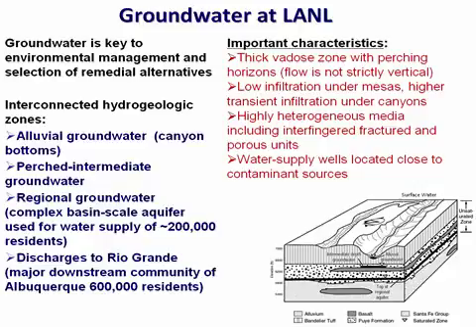There is perched intermediate groundwater, which is due to infiltration of this water in the subsurface. Typically, we also have perching horizons, which create complexities and not strictly 1D vertical flow through the vadose zone. And we have the regional aquifer, which is again highly heterogeneous, with a lot of water supply wells in close vicinity to the sites. Most of the water from these three systems discharges into the Rio Grande, and we also have Rio Grande diversion projects for water supply, so we really need to consider all these aspects.